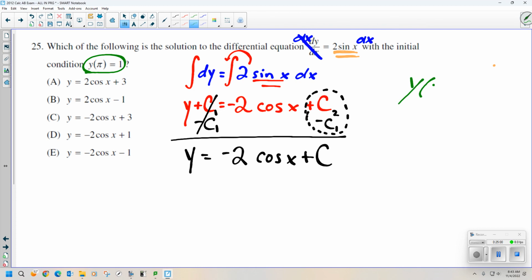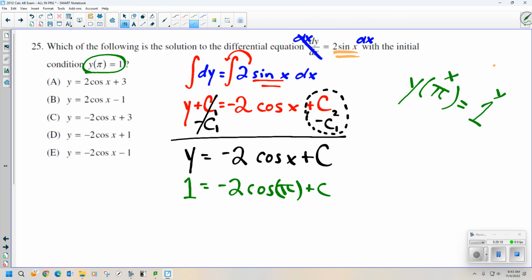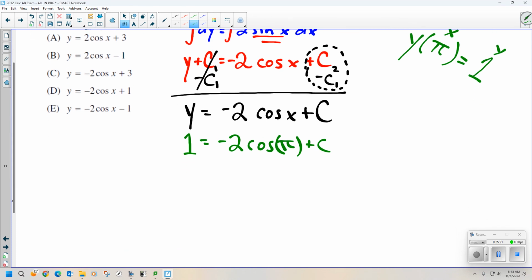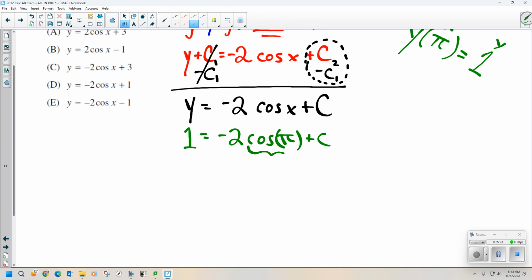Train your brain to realize that this is really a coordinate. When x is pi, your output y is 1. So 1 equals -2 cosine of x, which happens to be pi, plus c. Know your trig values. The cosine of pi is negative 1.